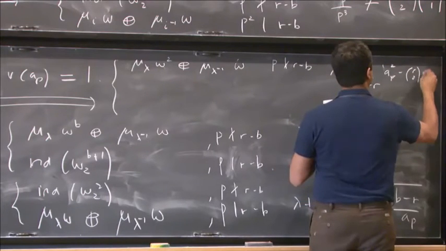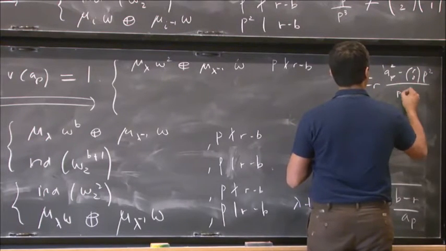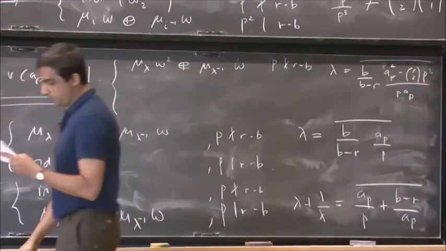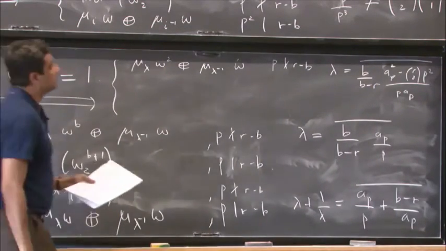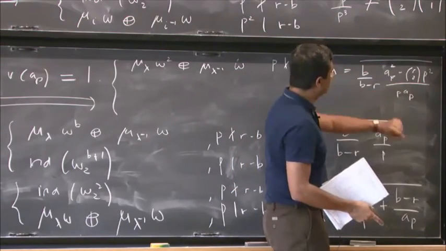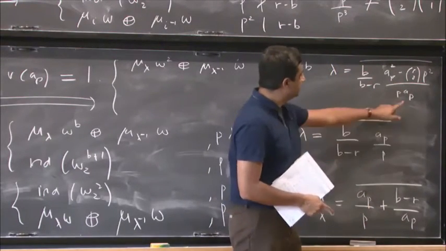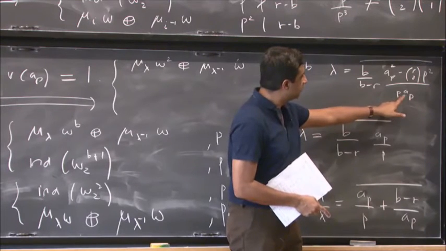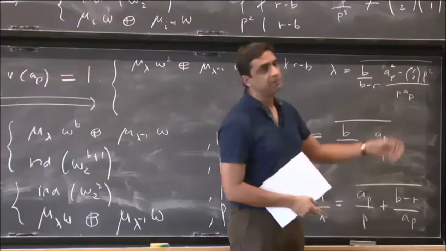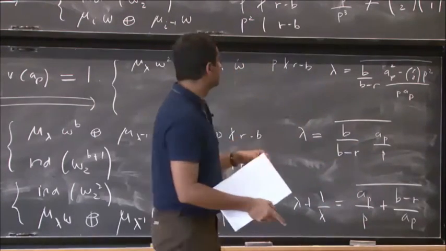R choose 2 p squared all over PAP. So notice that this number can be 0 because the valuation of the numerator could be bigger than the valuation of the denominator. The slope here, AP is 1, the slope of P is 1, so the slope here is 2. These things both have slope 2, but the difference may have slope bigger than 2, so this number may vanish. And that's not very good.